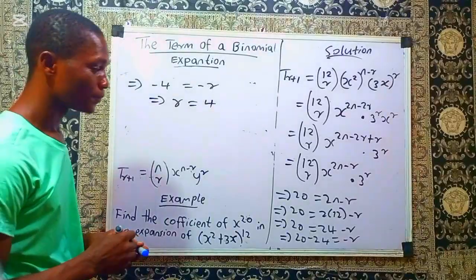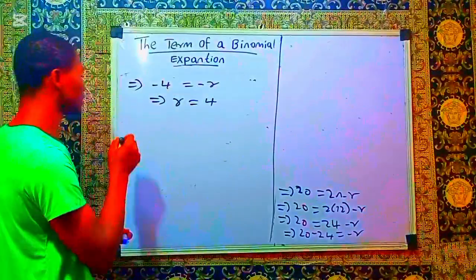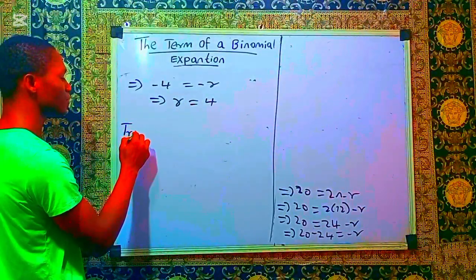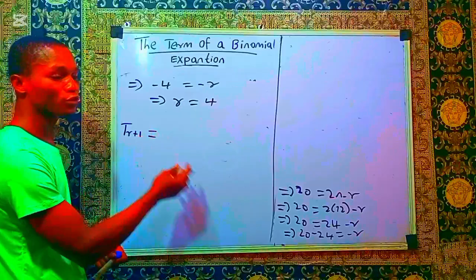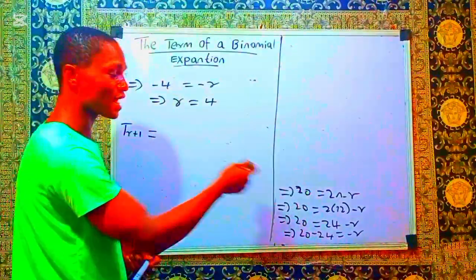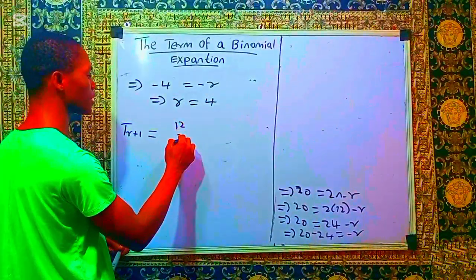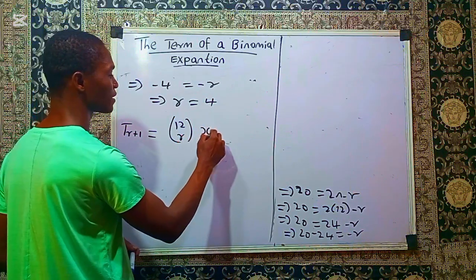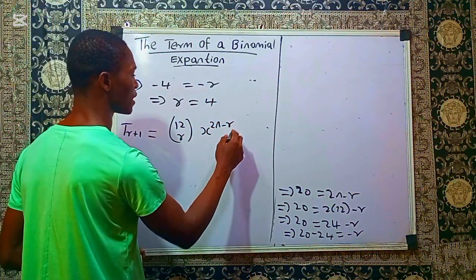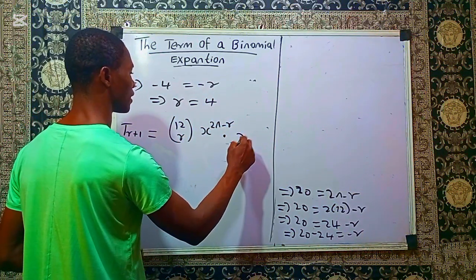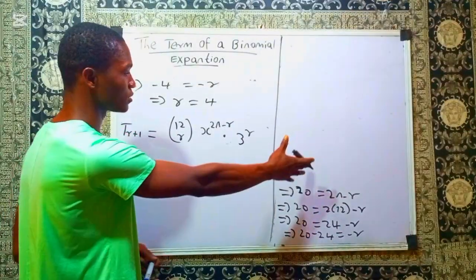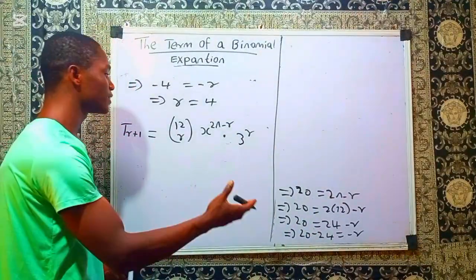So r is 4. By the general term formula, I have t sub r plus 1 equal to, remember we have simplified it and we got 12 combination r, and we have x raised to power 2n minus r multiplied by 3 raised to power r. This is what we got. It's because of space that I cleaned the place.